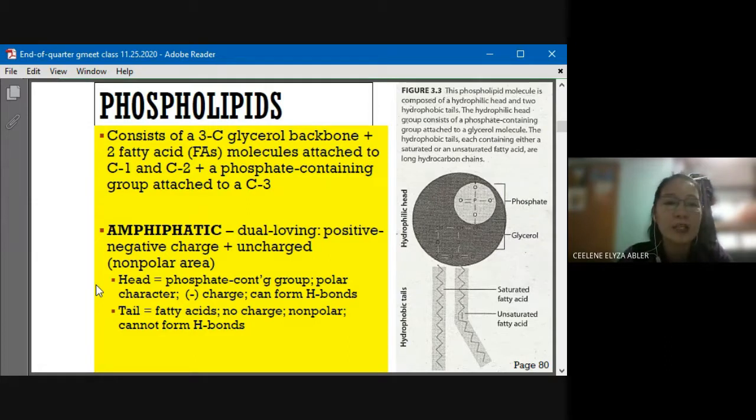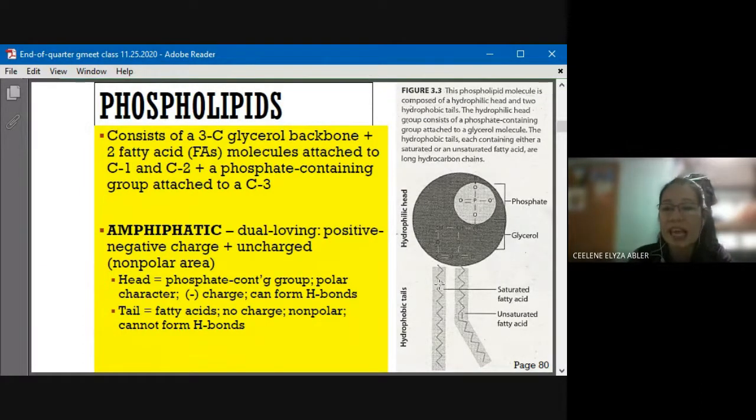So we have the phospholipid. Our phospholipid is made up of a 3-carbon glycerol. We have 3 carbons here as a glycerol backbone with attachments. The glycerol is attached to two tails of fatty acids.